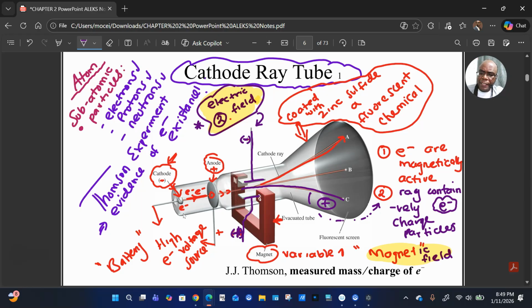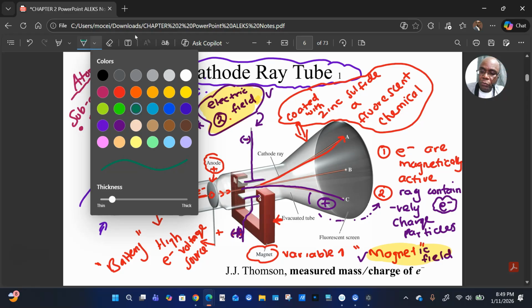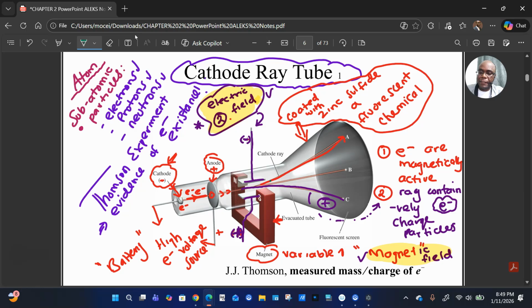Okay, now when he put them together, variable 1, the magnetic field, and variable 2, the electric field, and adjusted them in such a way that their strengths are similar, then it was observed that this cathode ray, which is now variable 3, where you have both the electric field and magnetic field present, and adjusted in such a way that their effect is even, the ray was observed to go through to point B. So that tells you that these electrons are charged.